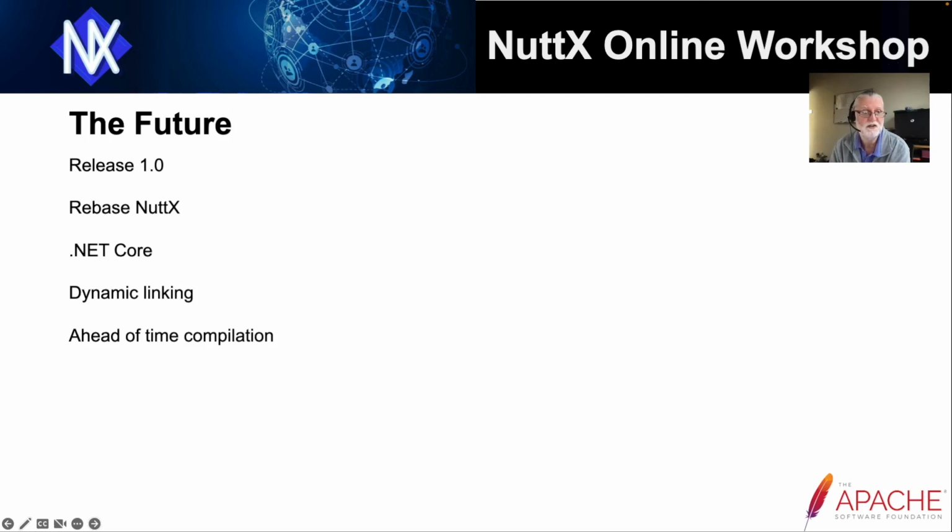So one feature to be implemented is ahead-of-time compilation, where the user's application will be compiled down to native instructions on the PC, and that native binary will then be uploaded onto the microcontroller. So this should hopefully achieve a few things. One is to reduce the size of the application and the memory footprint required, but also give us a little bit more of a speed boost for the user's application and for the system.